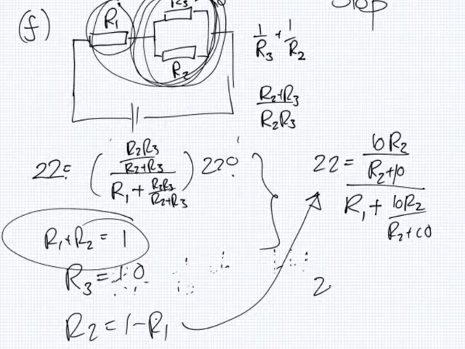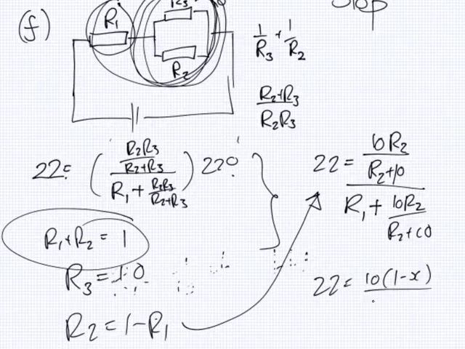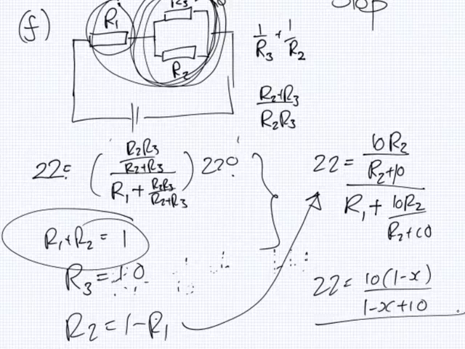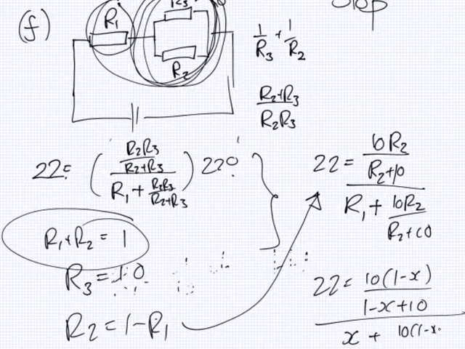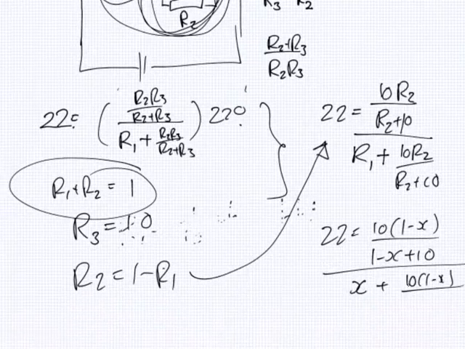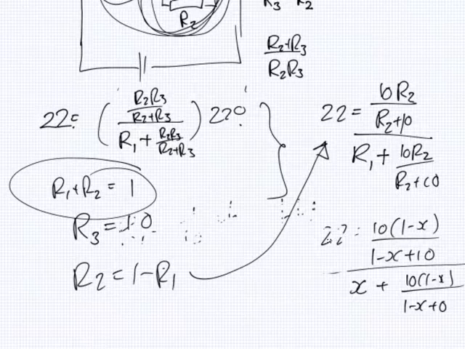So we have 22 equals 10, 1 minus x over R2. R2 is 1 minus x plus 10, all over R1, which is x, plus 10, 1 minus x over R2, which is 1 minus x plus 10. So you just have to solve this. That's all you have to do.